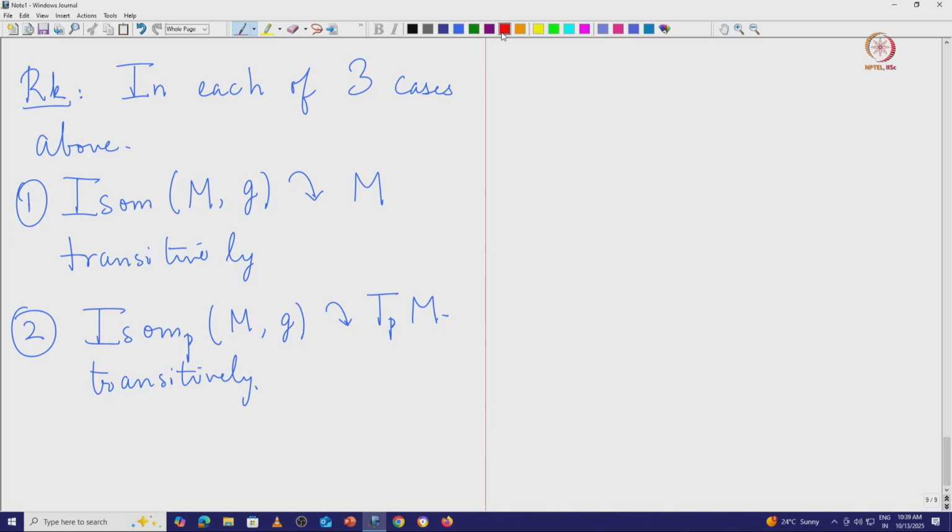So Riemannian manifolds with this property, where the isometry group acts transitively, are called homogeneous, and the Riemannian manifolds where the isotropy group acts transitively for all points P are called isotropic manifolds.